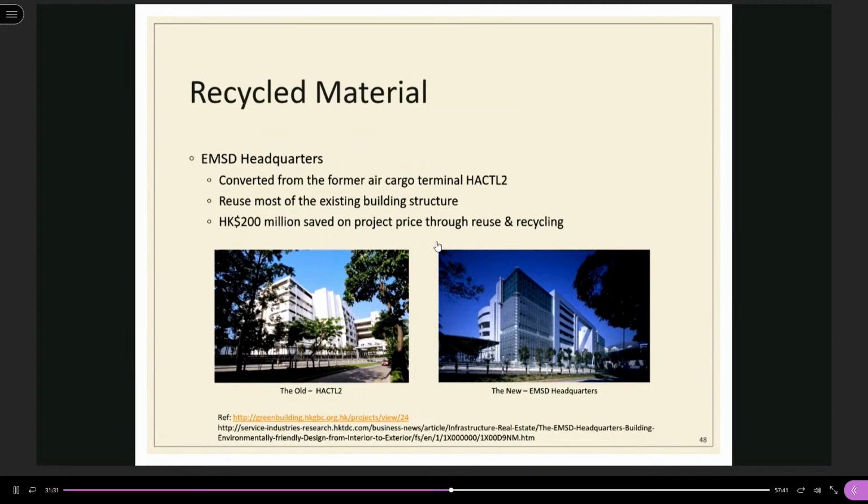They turned it into the EMSD headquarters, reusing most of the building structure. So this is the original building, and they made it into the EMSD headquarters. And because of the reuse and recycling, $200 million was saved in the project.